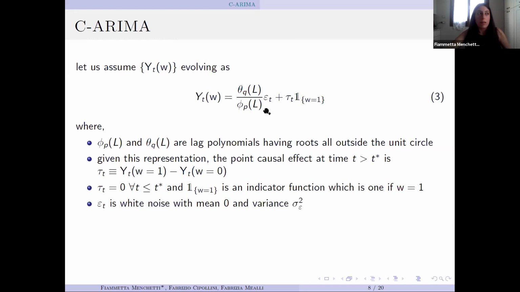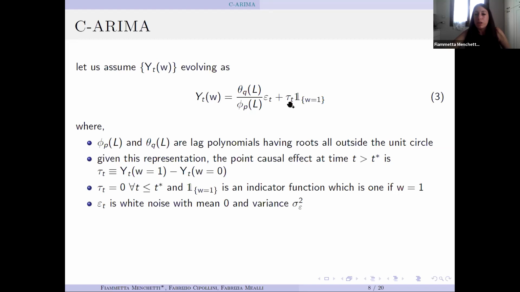The thing that is different from the usual ARIMA models is the last part, because there is this additional component, tau_t, multiplied by an indicator function. The indicator function is 1 if the unit is assigned to treatment and 0 otherwise.